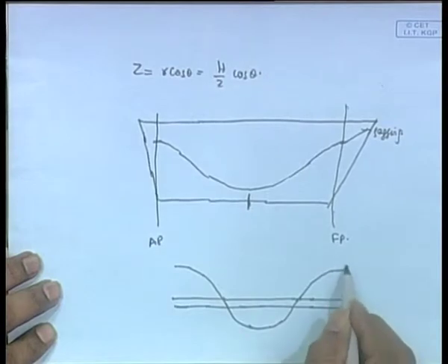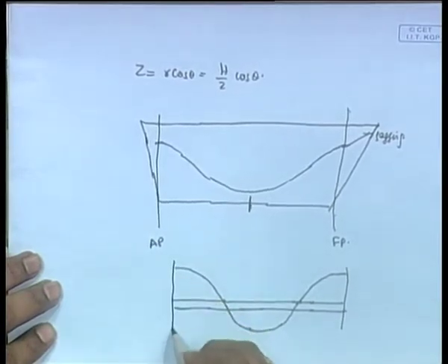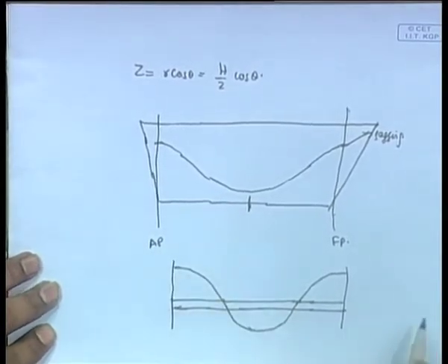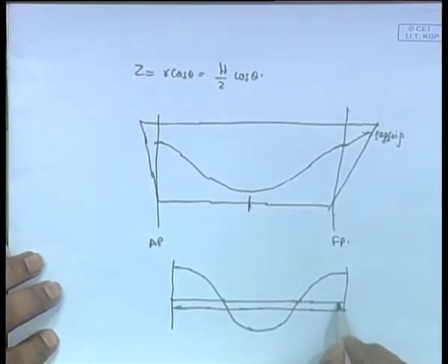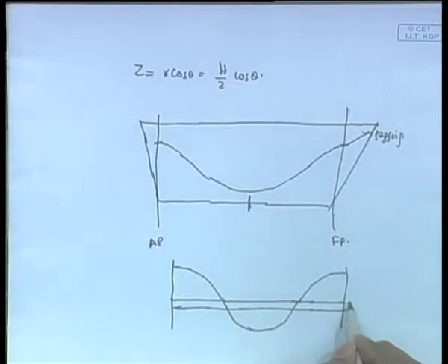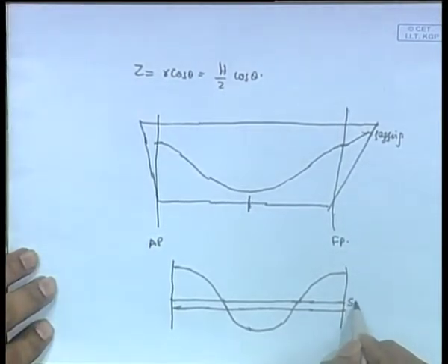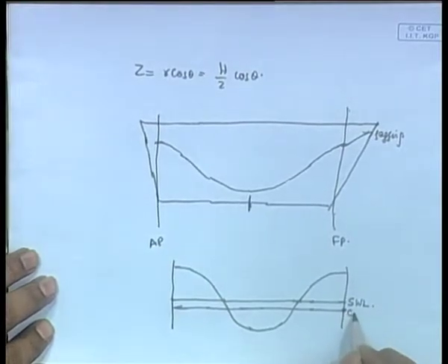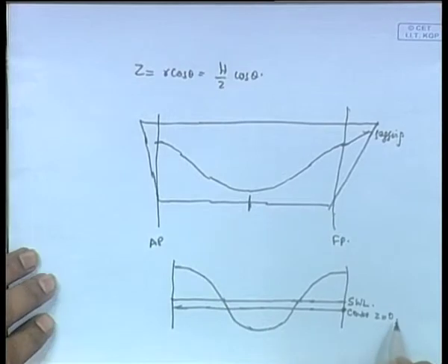So, we are considering a trochoidal wave here, and this is a point which I will call some still water line, and this is the center over which the circle rotates. This center is given by z equal to 0.